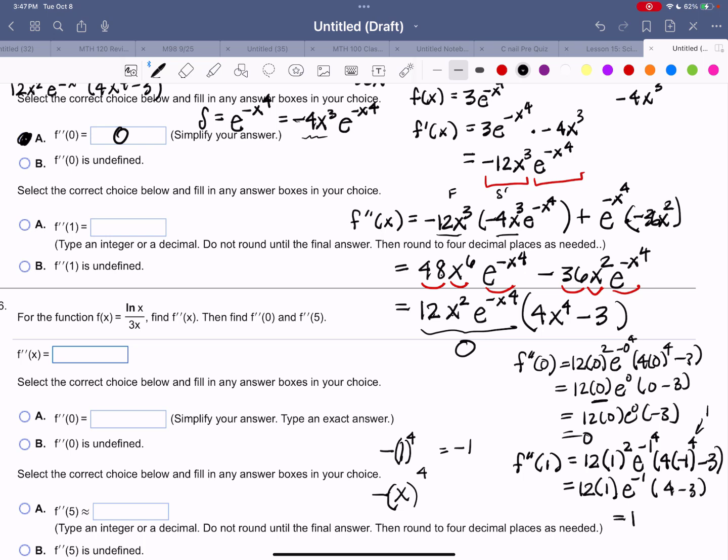So it's 12 e to the negative 1 times 1, which is 12 over e to the 1, or 12 divided by e. And they want us to give a decimal for this one.